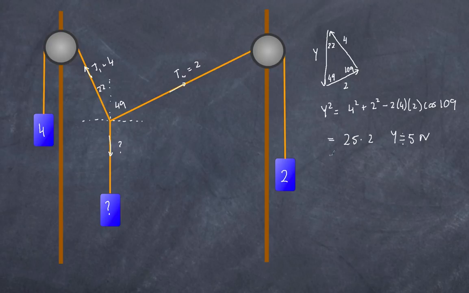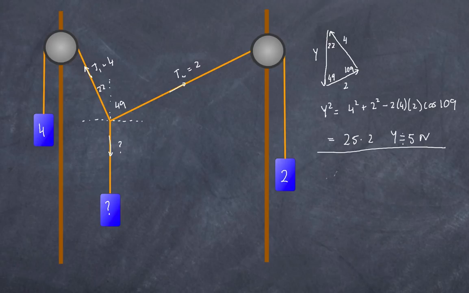If I want to do this by components, again, I need to look at the horizontal and the vertical components. Now, I won't look at the horizontal components in this case because this guy has no horizontal component, so it will be a moot point. So we're only going to look at the vertical components here.